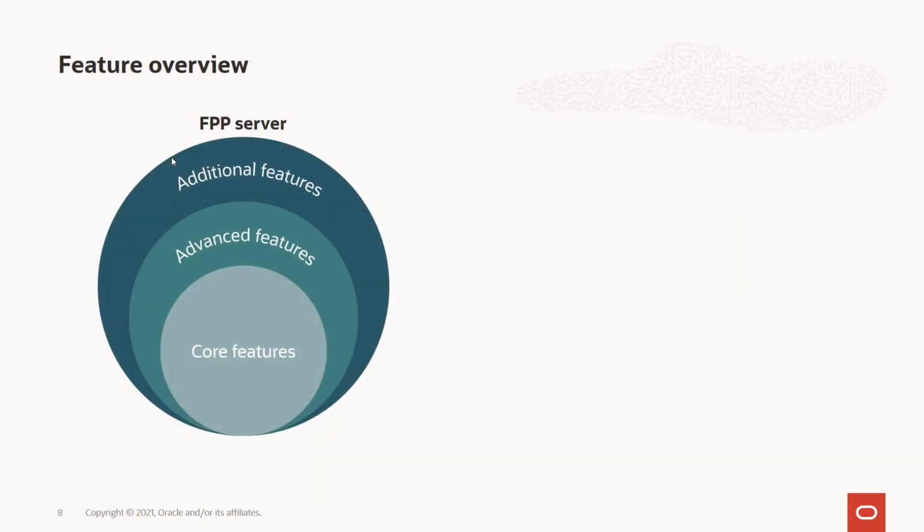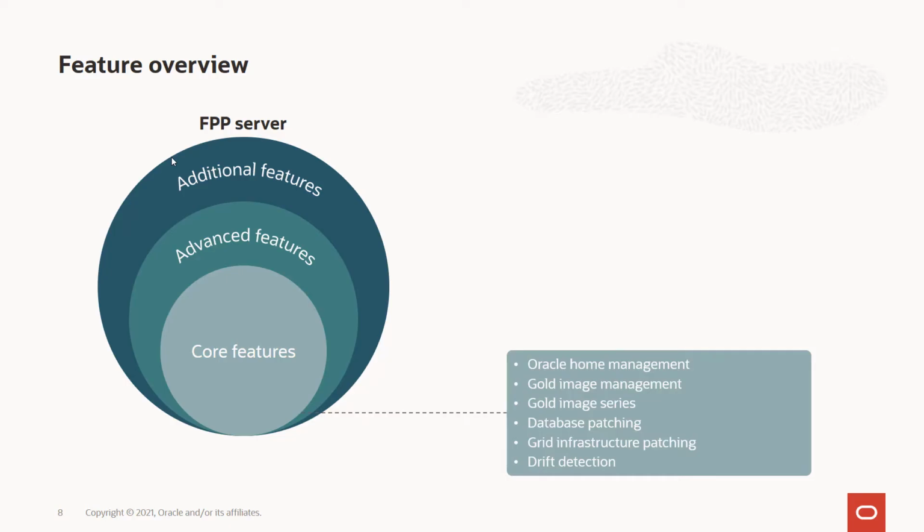But I will also try to drill down and make a difference between what we consider the different levels of features, because what we recommend to most of our customers is whenever you have to do operations like Oracle Home management, gold image management, database patching, grid infrastructure patching, and drift detection, those are really the core features that all the customers need, and where we concentrate the most, and we call them the core features of fleet patching and provisioning.